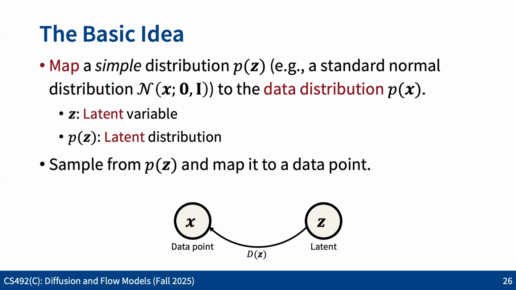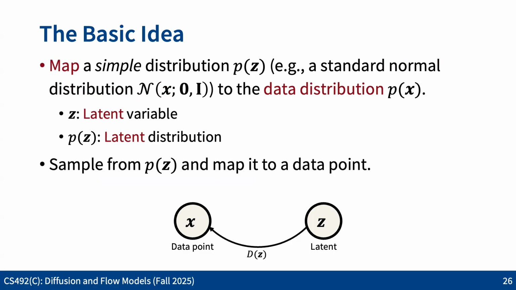The very basic idea, not only for diffusion and flow models but for all generative models, is this. We are going to find a mapping from a simple distribution that we know how to sample from to the data distribution that we don't know.